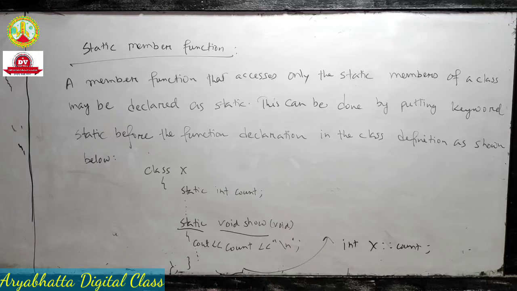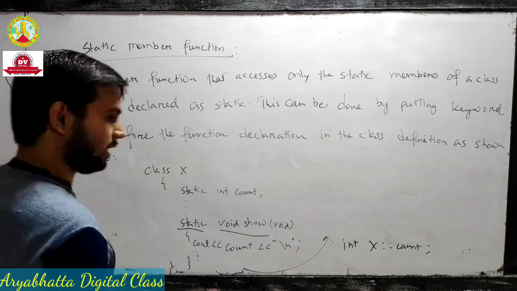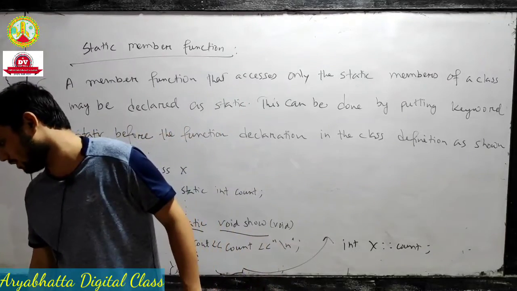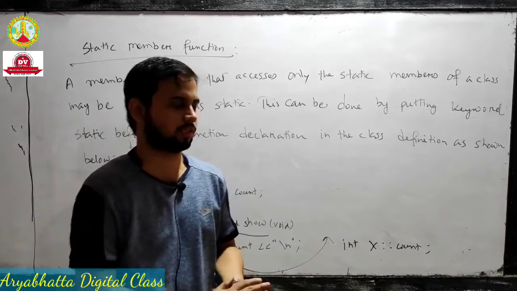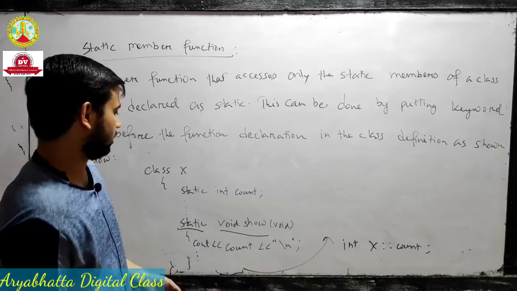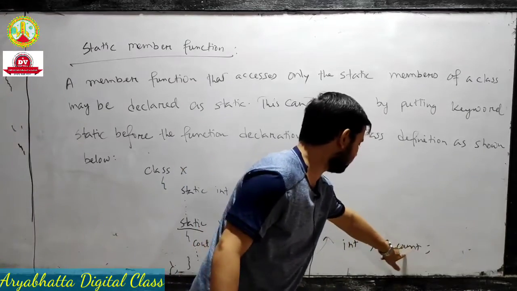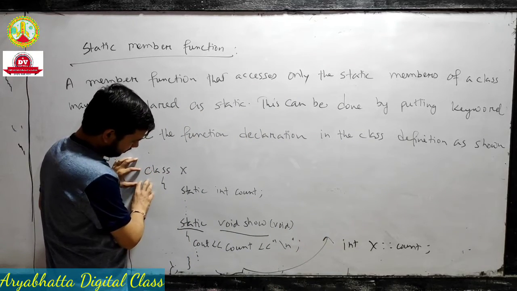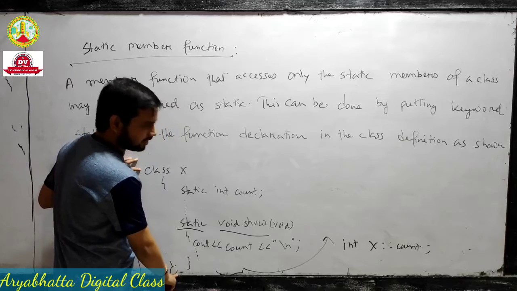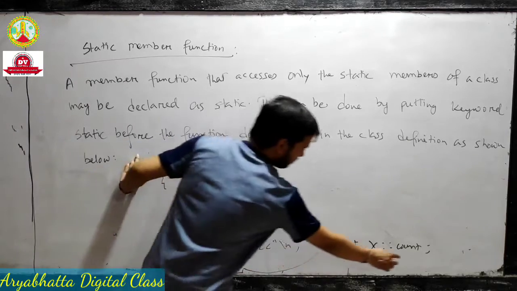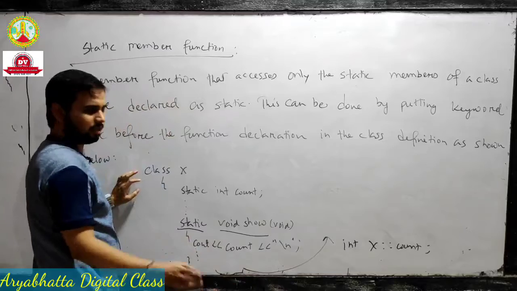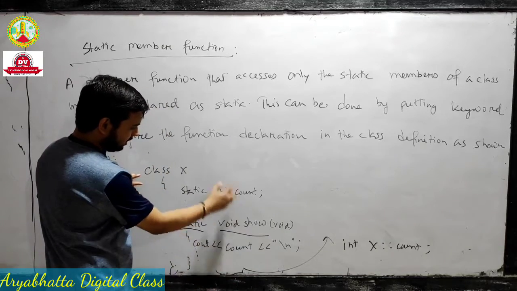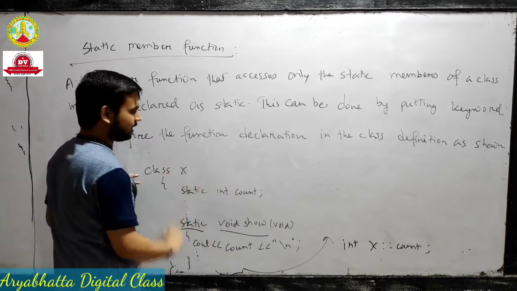The main characteristics are declaration within the class definition and definition outside the class definition. This is called definition. You just notice that a definition is always outside the class definition. This will be called the definition of static member function. A definition is outside the class and declaration is within the class. This will be the main characteristics.